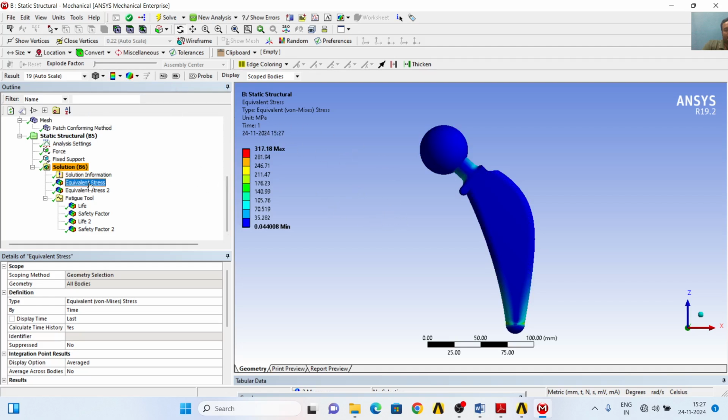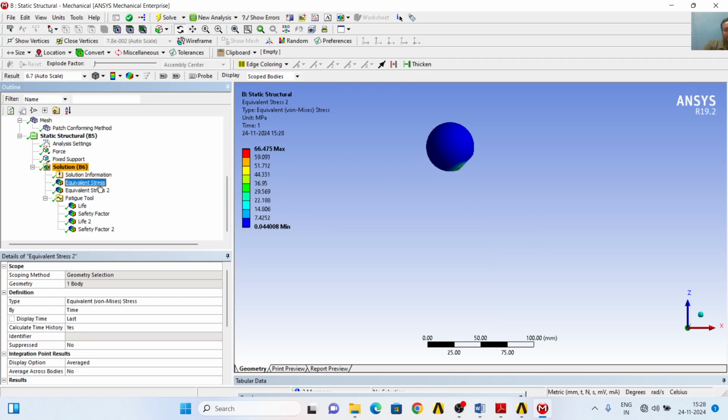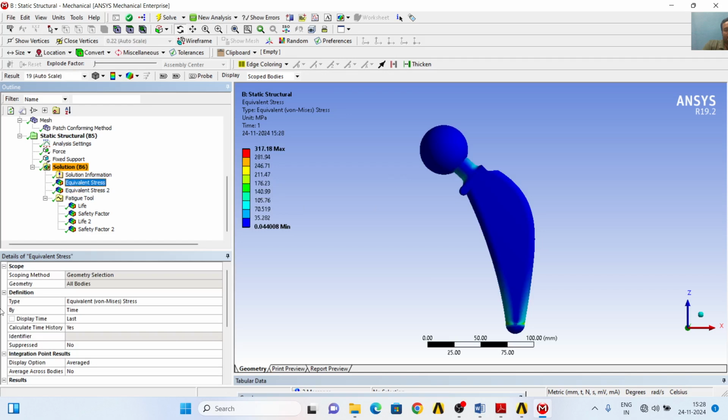And now you can see that the equivalent stresses for the whole body, all bodies, have a maximum of 317.18 megapascal of stresses, which is far below the limit.